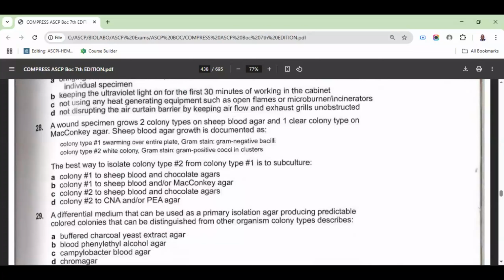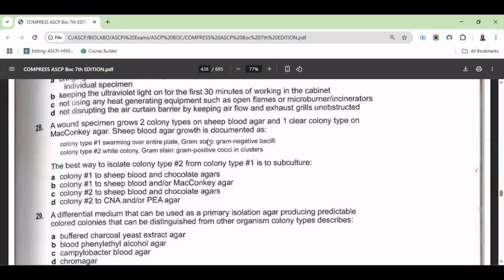Here we have a wound, and the wound is showing two colony types on sheep blood agar and one clear colony type on MacConkey agar. The sheep blood agar growth is documented as.